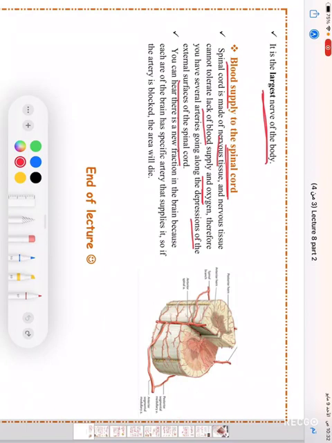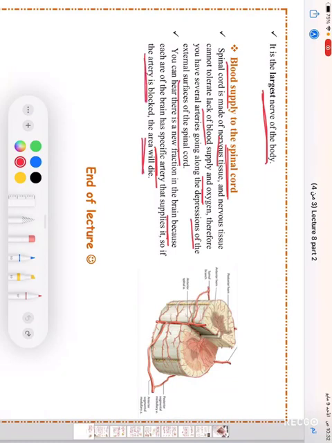You can hear there are new functions in the brain because each area of the brain has a specific artery that supplies it. So if the artery is blocked, the area will die.